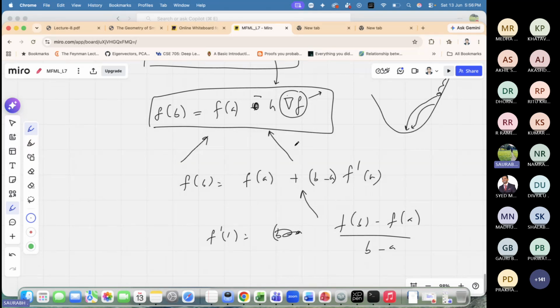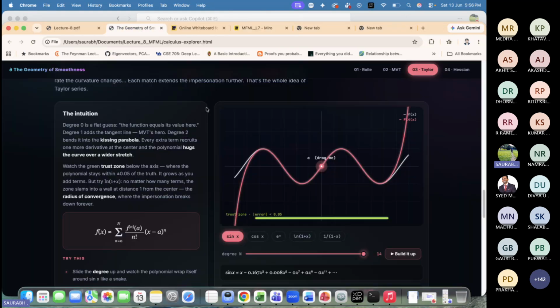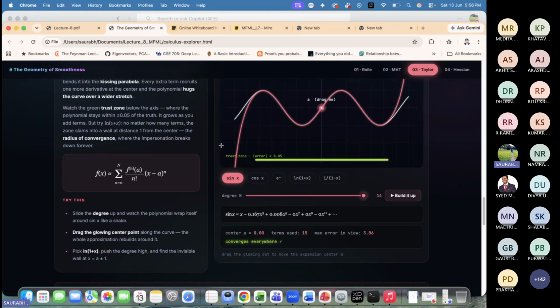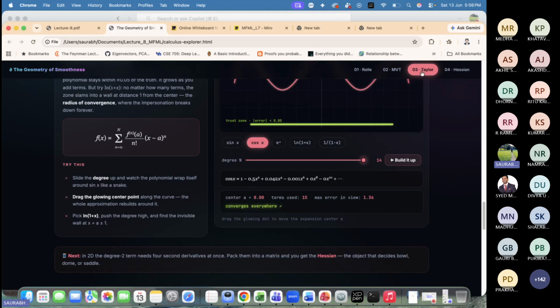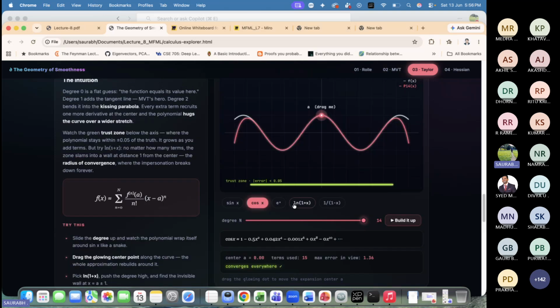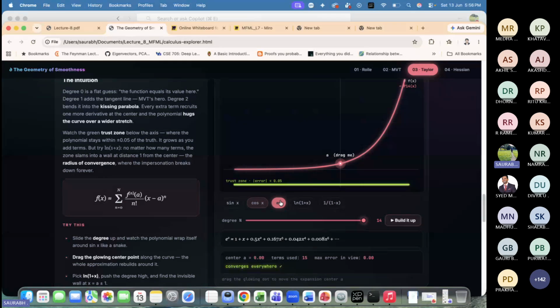And there are multiple ways in which you can study the Taylor series. In multiple blogs, you will see that they have described the Taylor series in different ways.